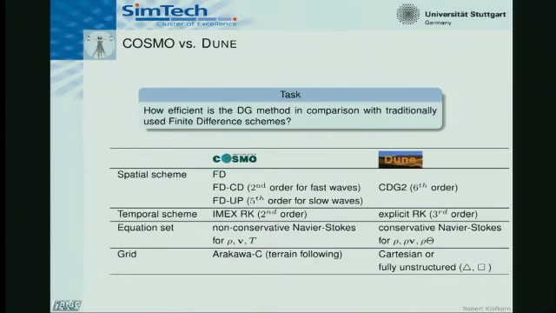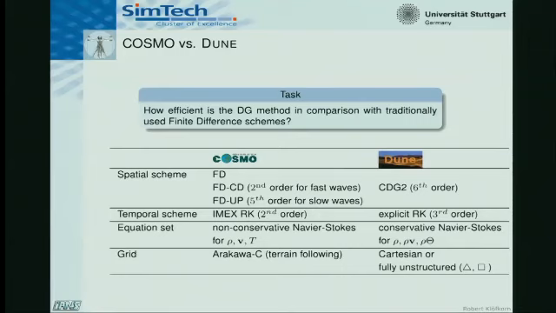So we did a comparison with Cosmo, which is a finite difference code. It's mostly second order, but for some directions or equations, it's better than second order. It uses an advanced IMEX Runge-Kutta scheme with some fancy splitting. The thing is that you have to deal with non-conservative discretizations, which is mostly due to the terrain following grid.